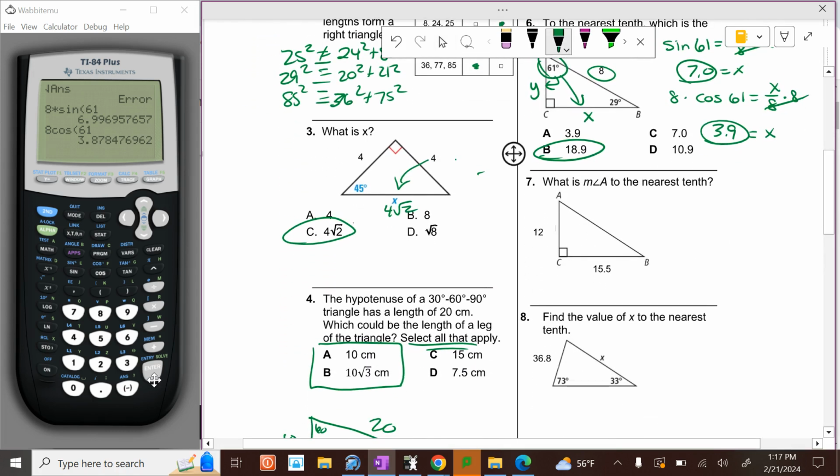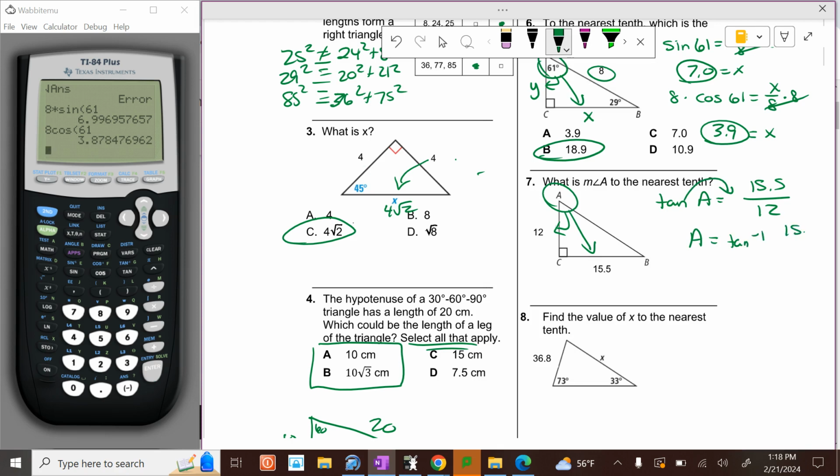Okay, what is the measure of angle A to the nearest tenth? Well, this is my opposite side, this is my adjacent side. What trig function is opposite over adjacent? Tangent. Tangent of angle A equals my opposite side over my adjacent side. If we move the tangent to the other side, it becomes the inverse tangent.